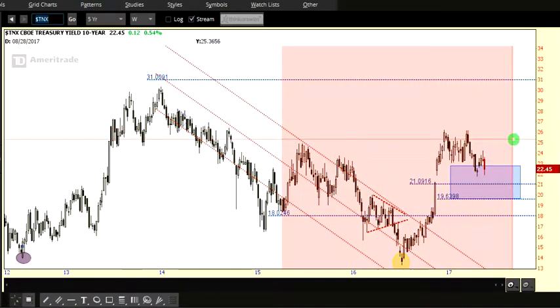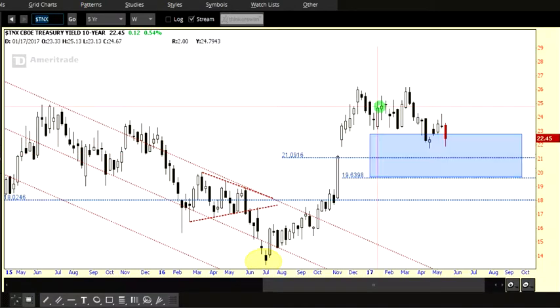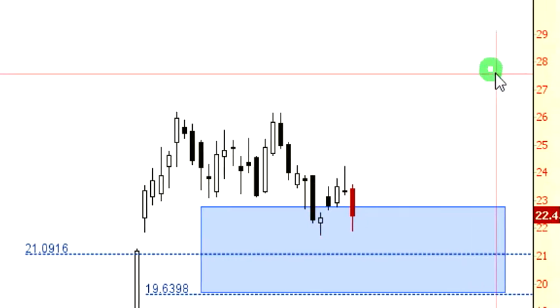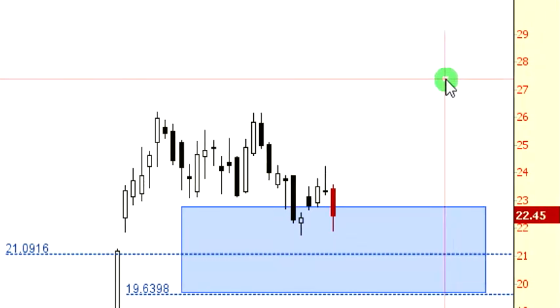So using that ABC strategy, let's zoom in a little bit. You can see here that we pulled back in an ABC, B, and I don't think C's finished.